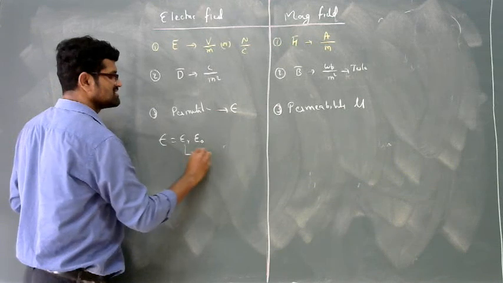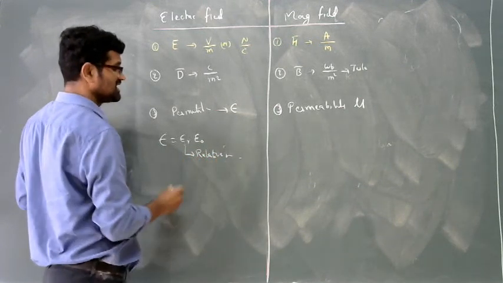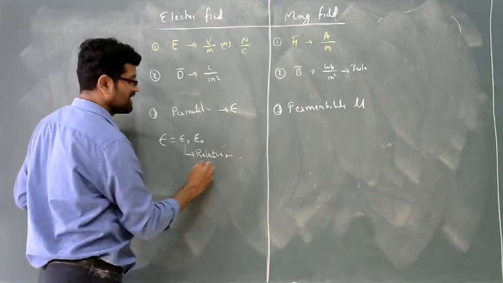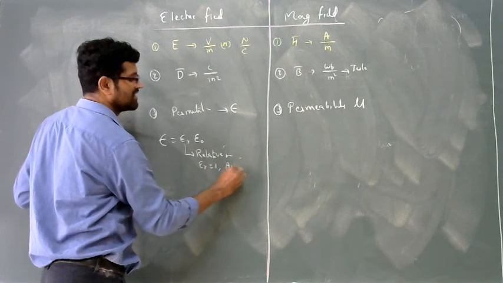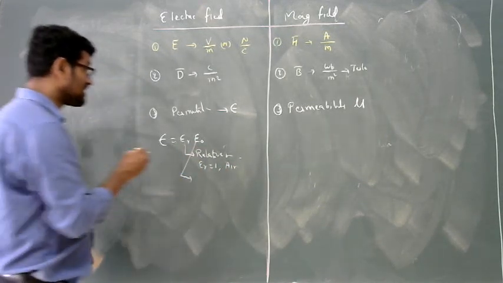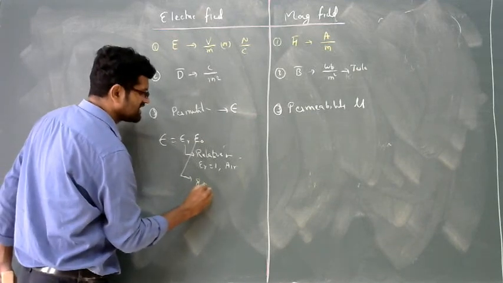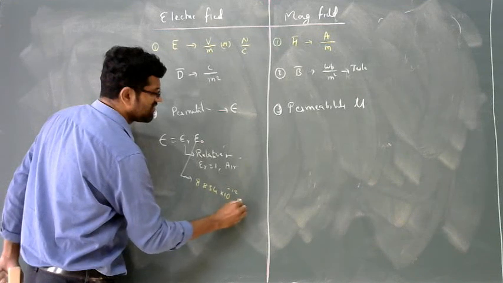Epsilon r is relative permittivity, depends on the material. Epsilon r is equal to 1 for air. And epsilon naught is the constant 8.854 into 10 to the power of minus 12 farads per meter.